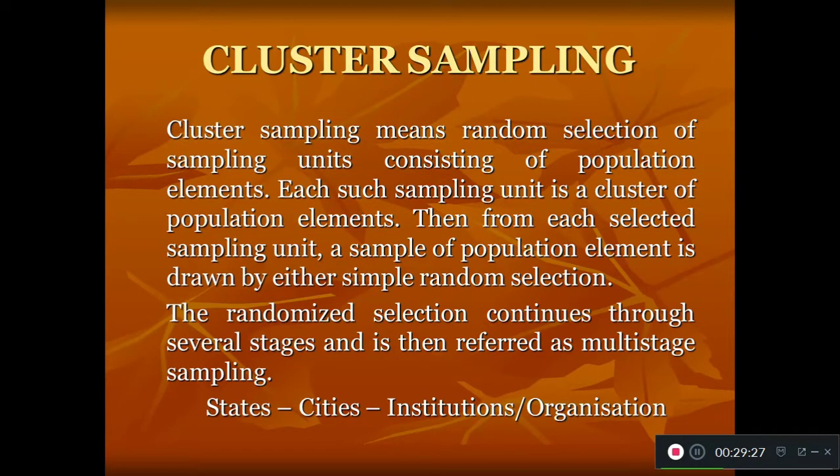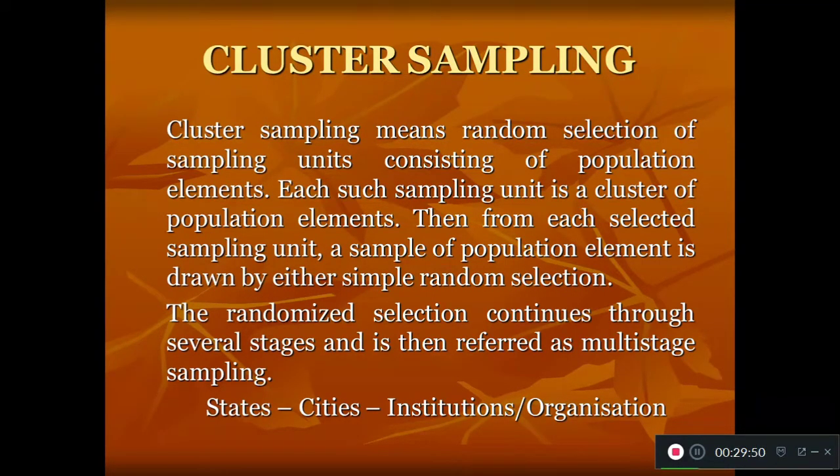The randomized selection continues through several stages and is then referred to as multi-stage sampling. For example, in India, all over India, I want to do research. So what I will do, first I list down the states. From those states, I select five states.